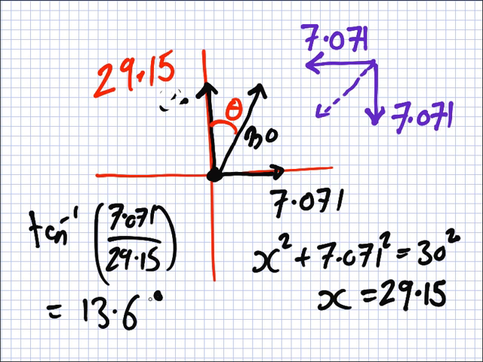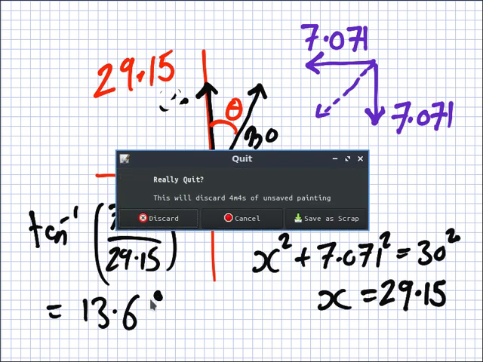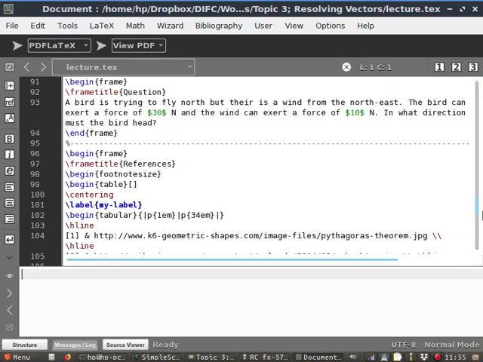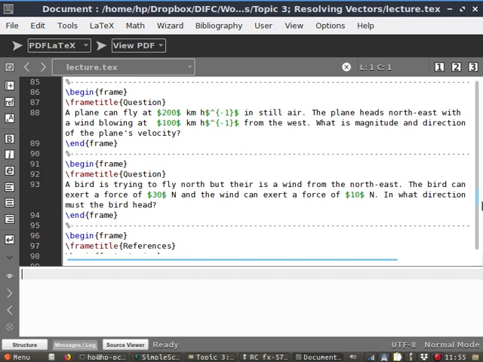Can I close it? Let me fix my outrageous spelling mistake.